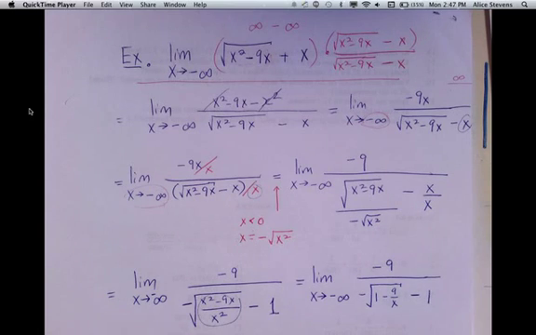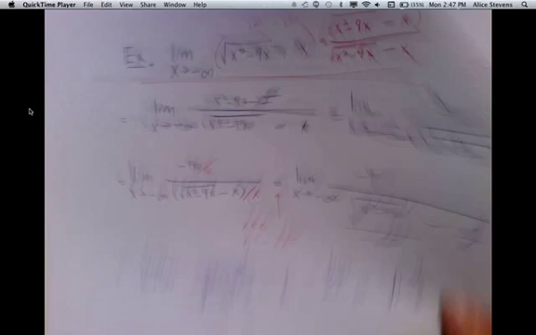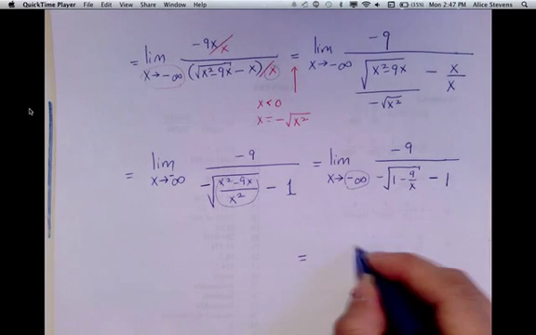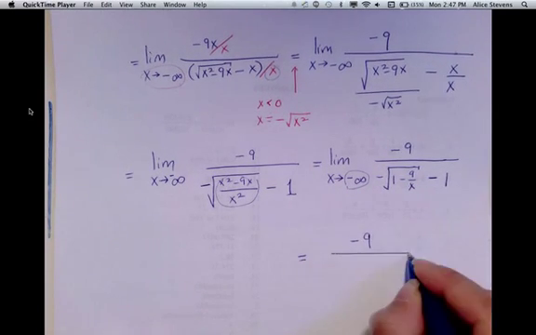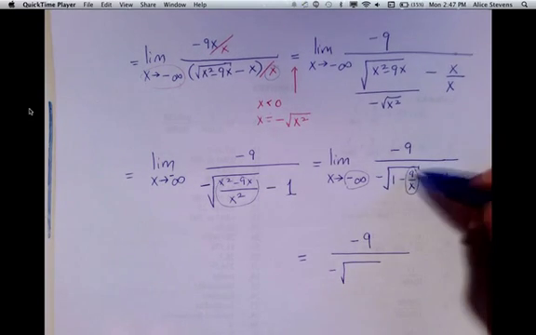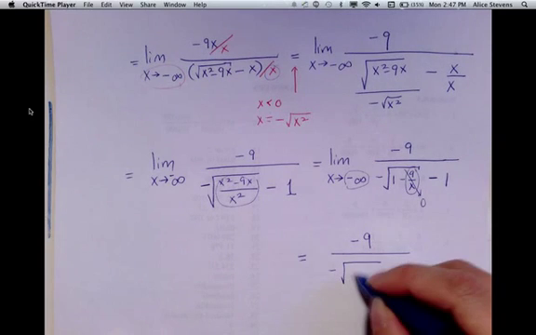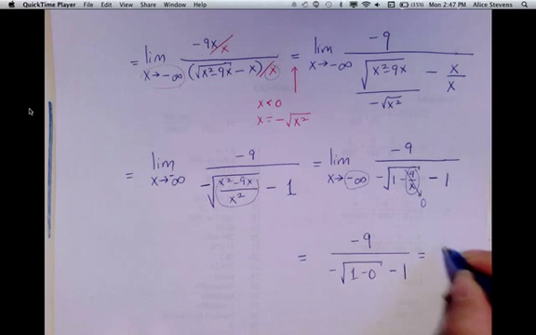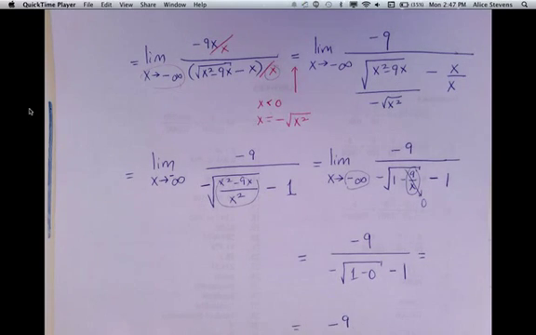this expression. And now taking the limit as x goes to negative infinity, my numerator stays the same. In the denominator, I see that this is going to 0, so I have negative 1 minus 0 minus 1, and this gives me negative 9 over negative 1 minus 1, which is negative 9 over negative 2, and my limit is 9/2.